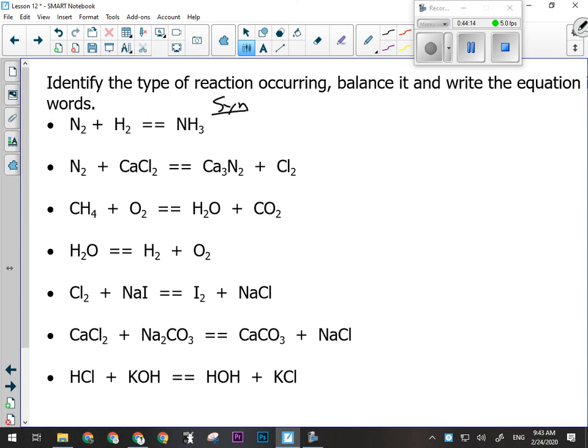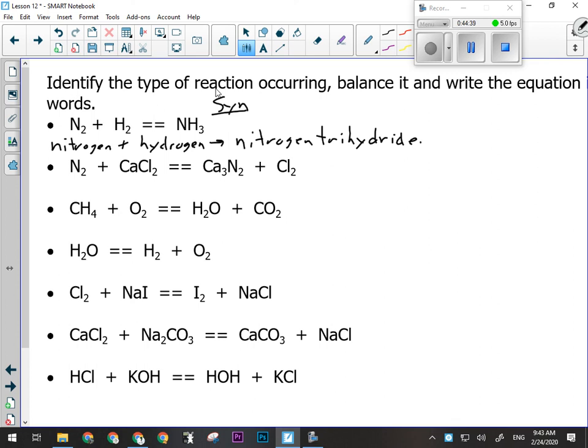This stuff is nitrogen. What's this stuff? Hydrogen. And this stuff is nitrogen trihydride. It's molecular because hydrogen comes second.